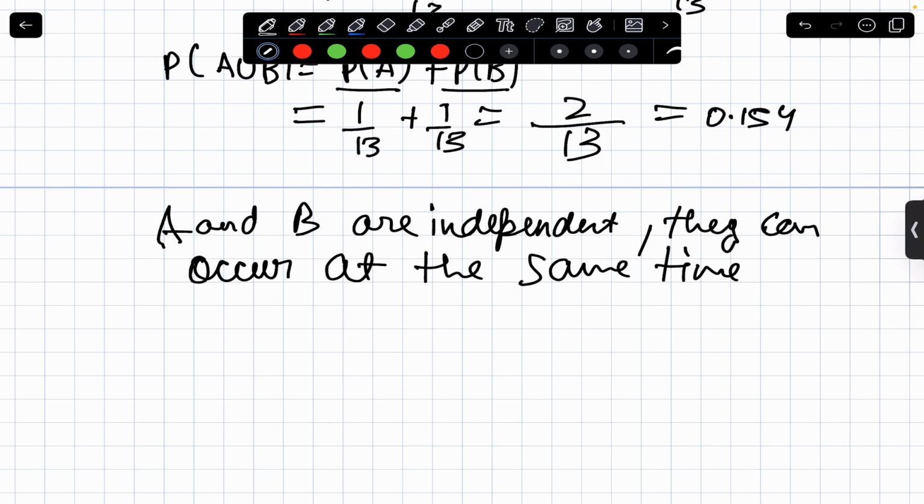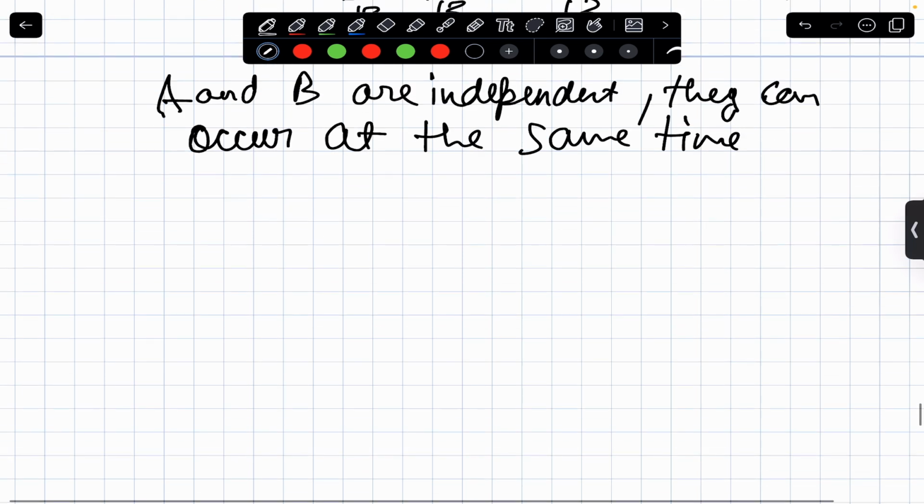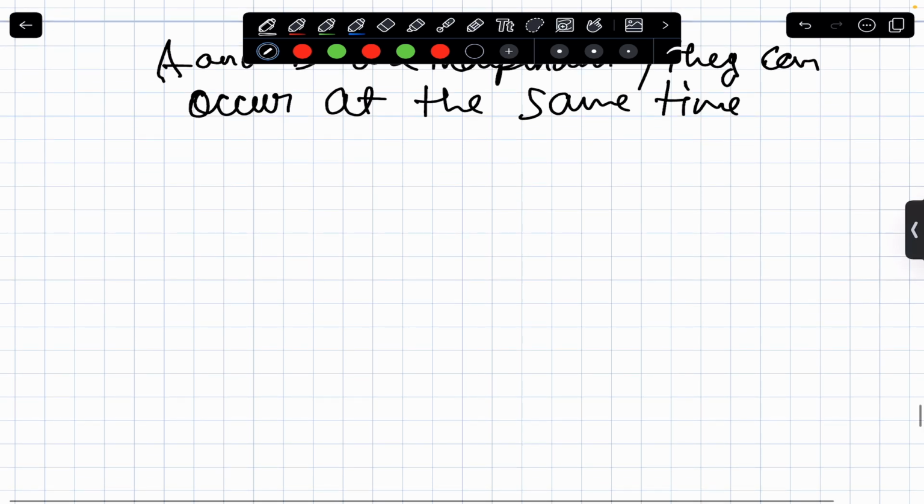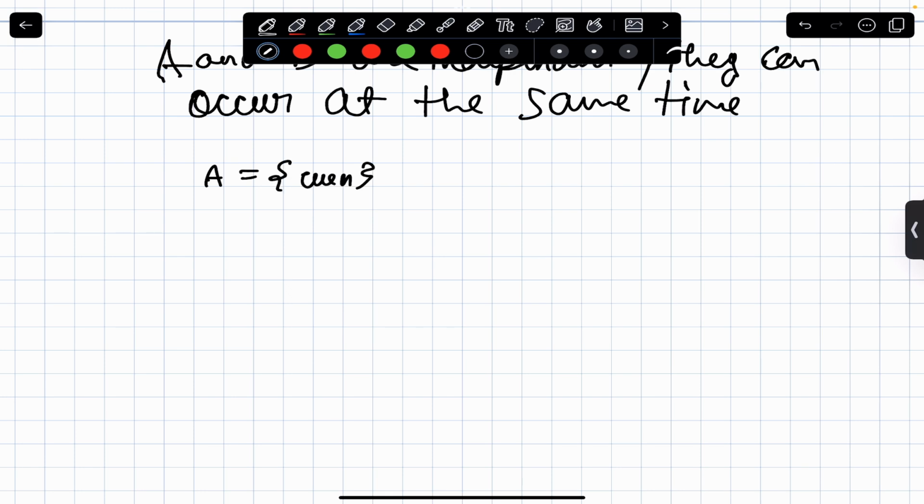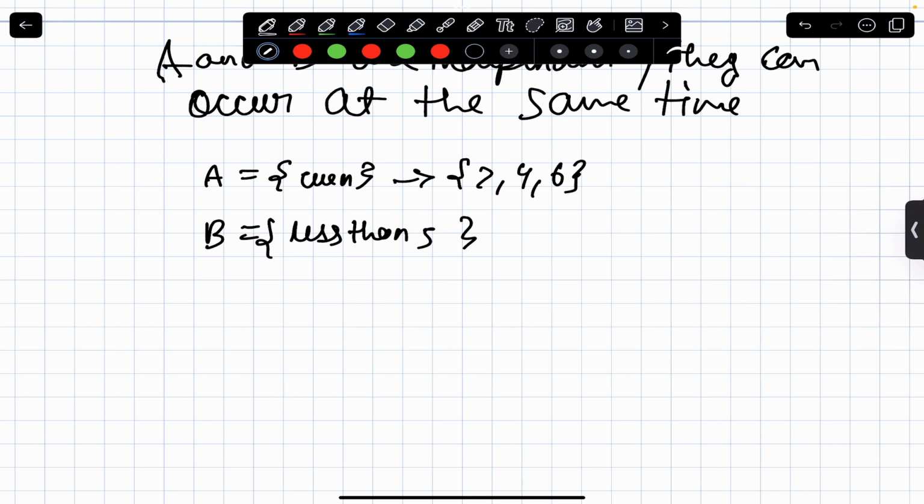Now suppose that we have two events in which we have an event A which says that it is even. So it will be 2, 4, 6, and we have an event B which says that it is less than 5.